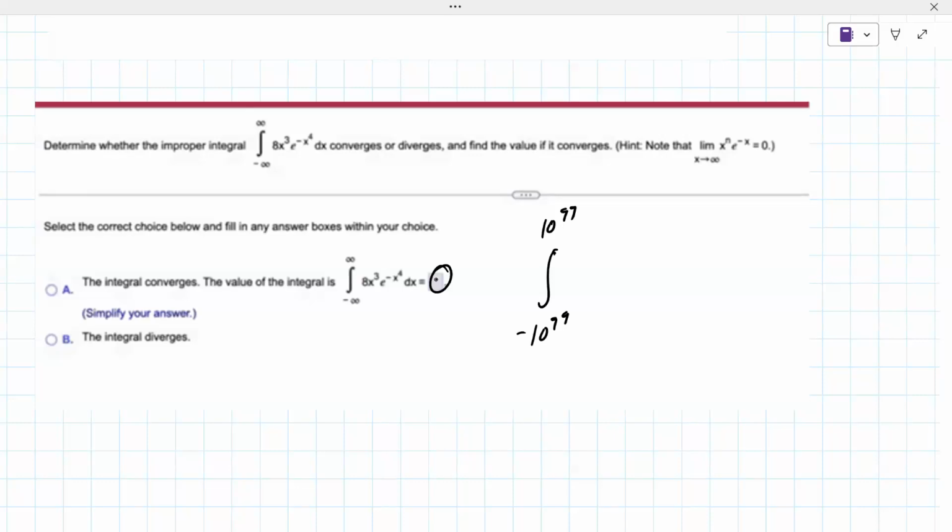The bottom ends up being 0. Oh, it does. Yeah.